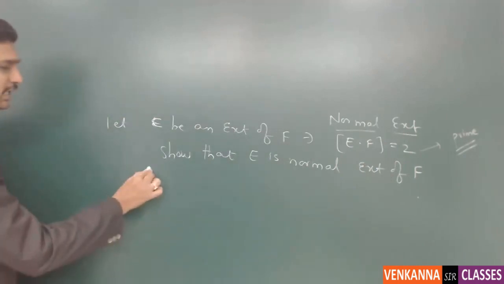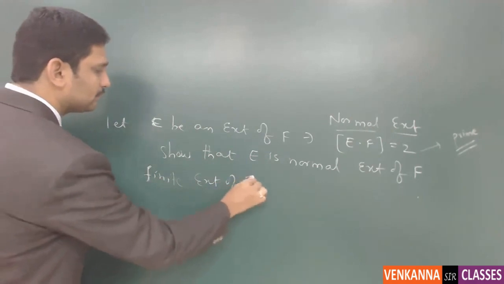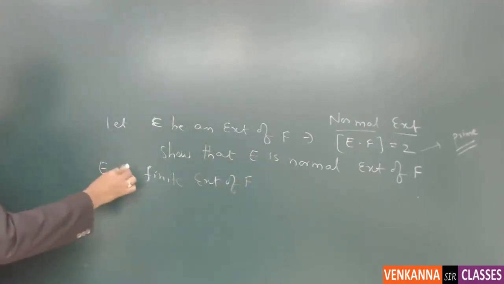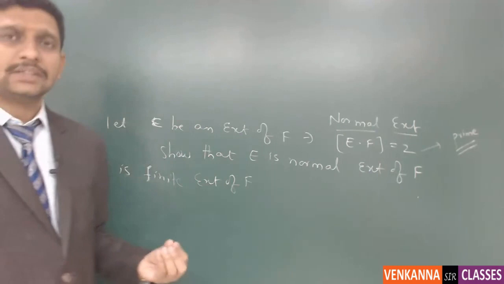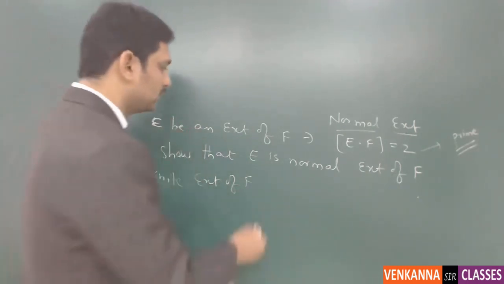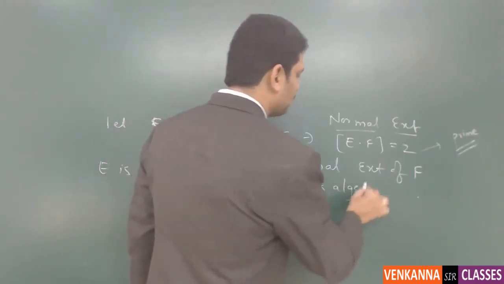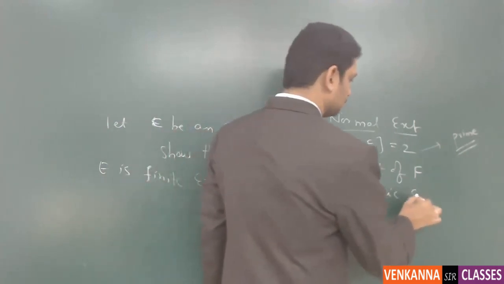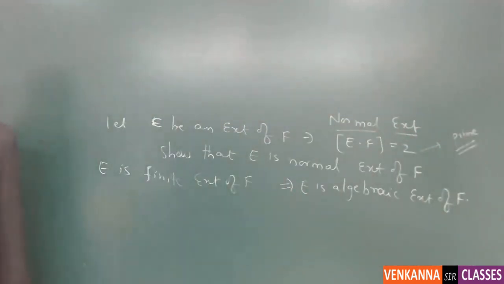So, can we say that E is a finite extension of F? Am I correct? Then, as we know that every finite extension is algebraic, we say that E is an algebraic extension of F.